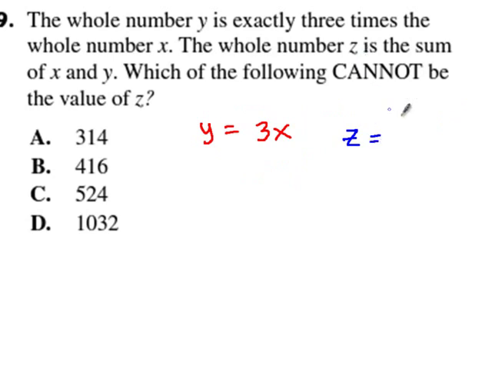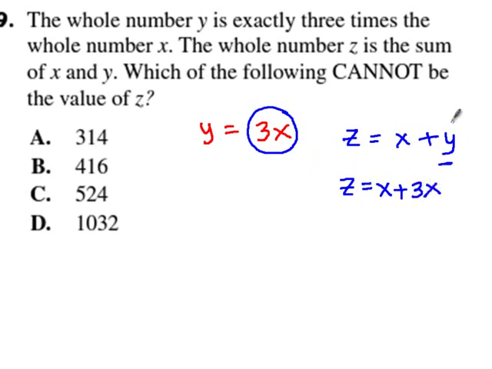So "is" means equals the sum of x and y. Which of the following cannot be the value of z? Now, this y can be substituted with this value. So what we'll have is z equals x plus, instead of y, we can write 3x. Anyway, y is equal to 3x.